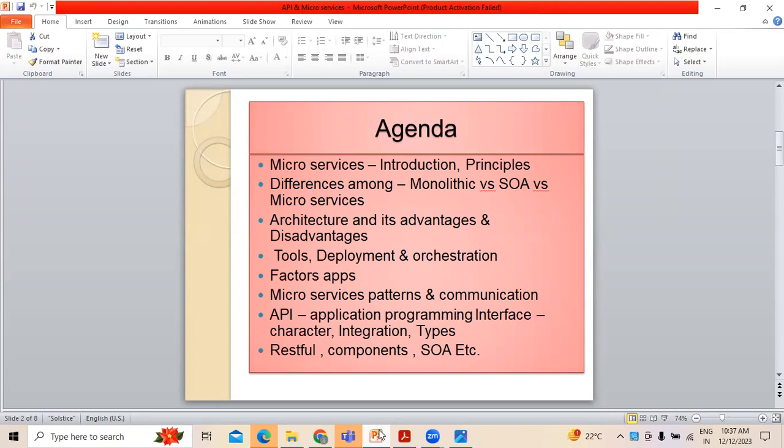Next is about the different tools as well as deployment and orchestration. What do we follow? This is in context to the different tools followed by the deployment policies and procedures, because when we are going to deploy, there are procedure standards which we have to follow.